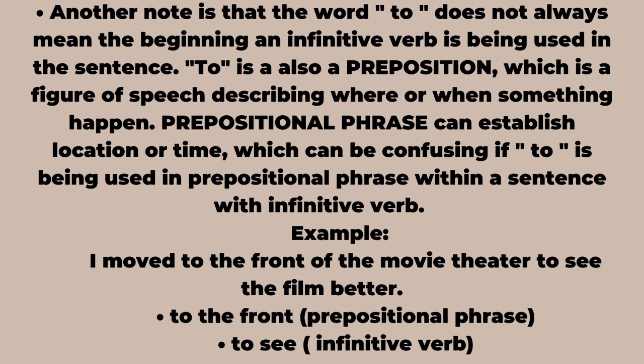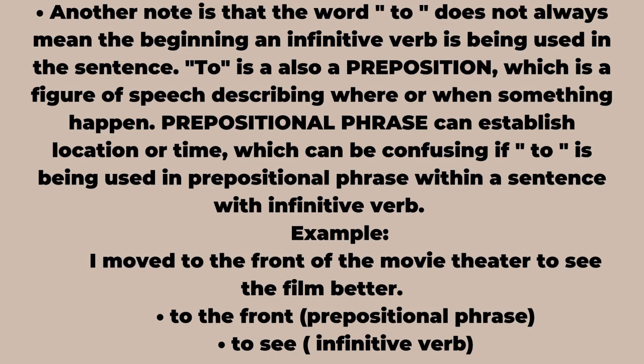Another note is that the word to does not always mean an infinitive verb is being used in the sentence. To is also a preposition, which is a part of speech describing where or when something happened. A prepositional phrase can establish location or time, which can be confusing if to is used in a prepositional phrase within a sentence with an infinitive verb.